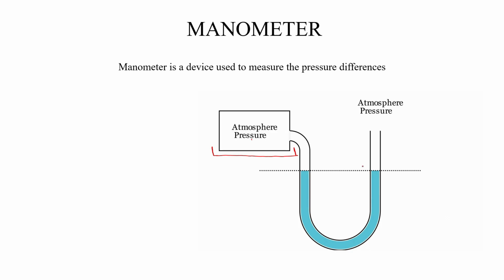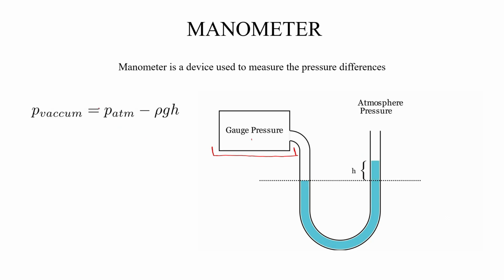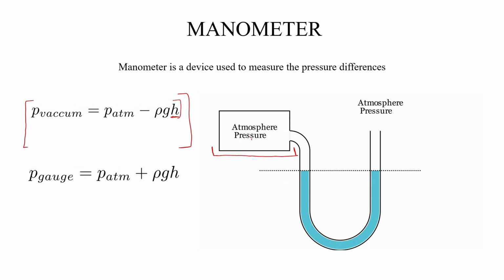So this variation in height, by measuring this height h, you can measure the pressure inside this vessel. So this formula is used to measure the pressure. If you can measure h, then you can find out the pressure. So how will you measure the pressure?